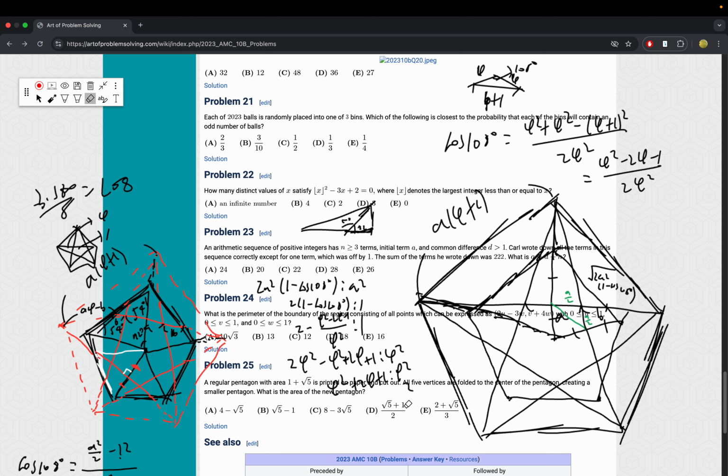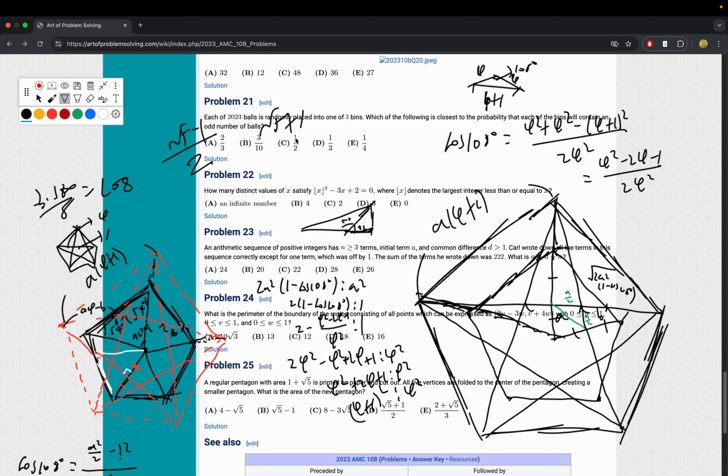Let's stop right here and try and think. Okay, I forgot the golden ratio. I think it's root 5 minus... Is it this?